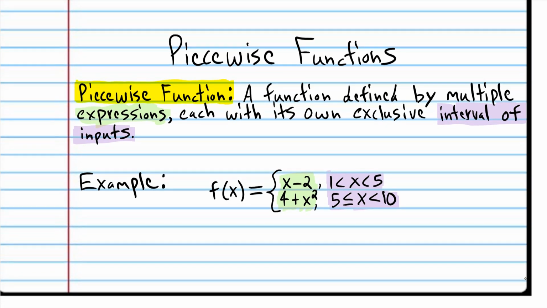So a piecewise function is a function defined by multiple expressions, in this case the green expressions, and each of these expressions, x minus 2 for example, has its own exclusive interval of inputs. So this part here, the green x minus 2 and the interval of inputs in purple, they go together.